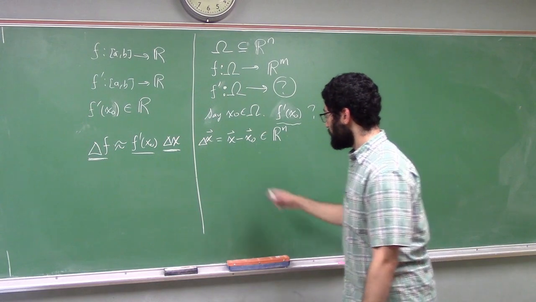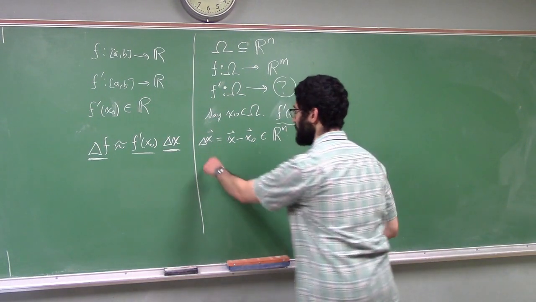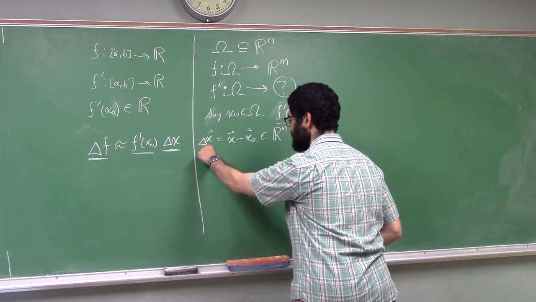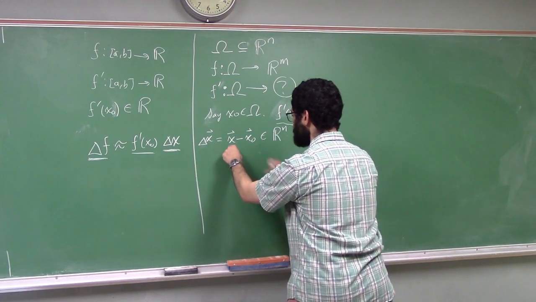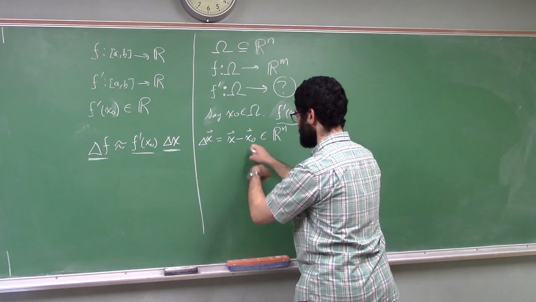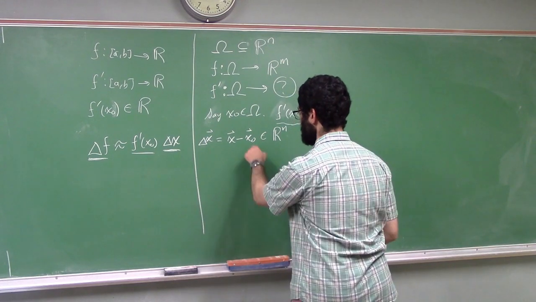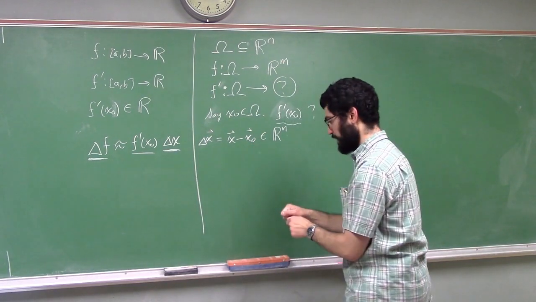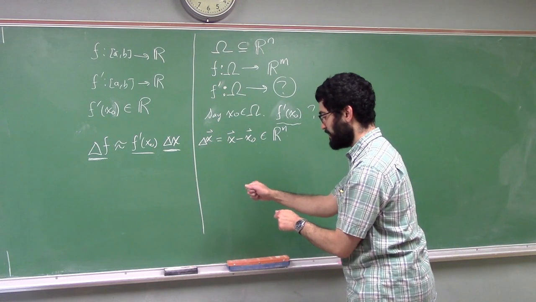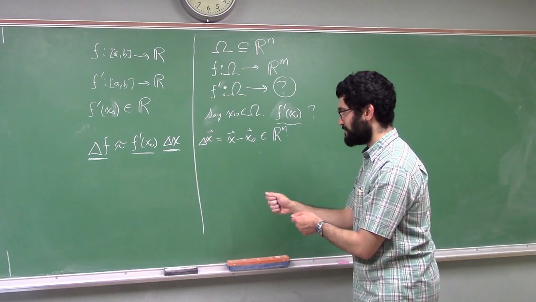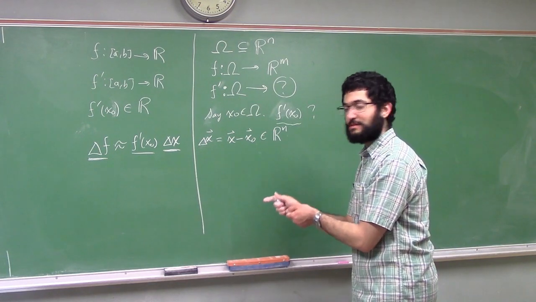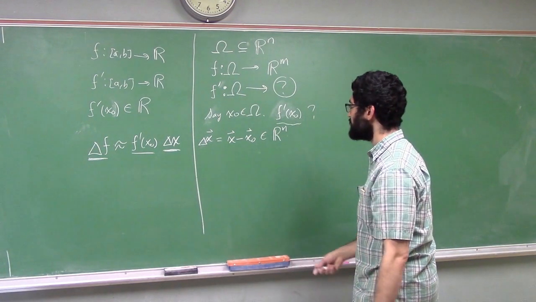And the reason is that it's these kinds of objects that describe displacements from x naught. You look at the input x naught and you say, I'm going to change it to x. Then x minus x naught, that displacement vector, represents the modification that you have made to the input.